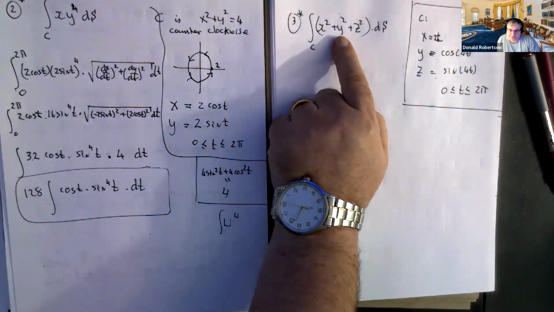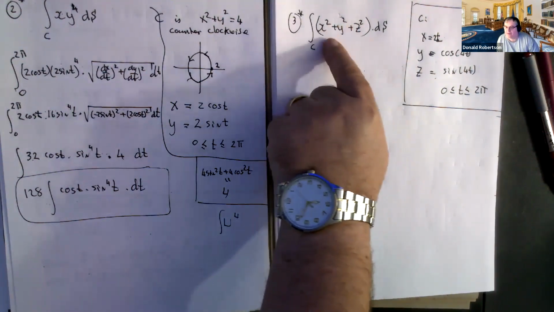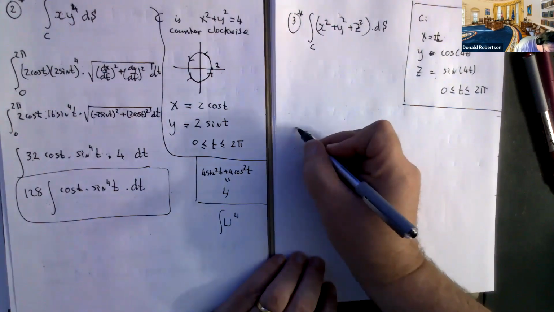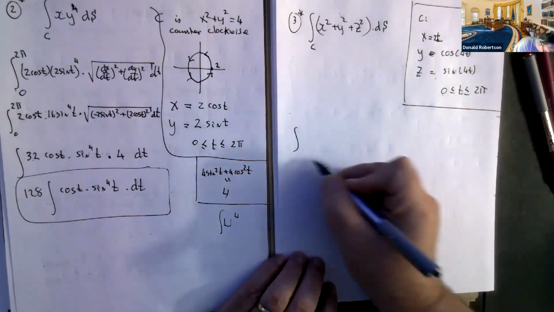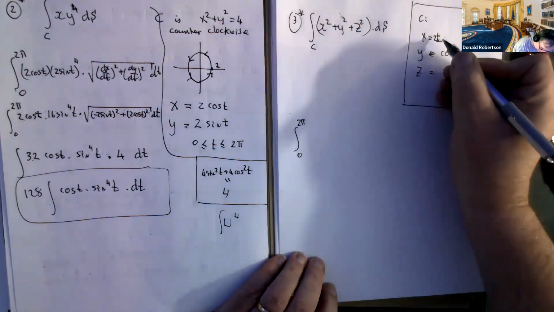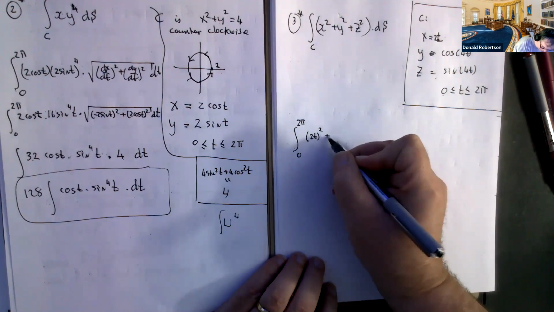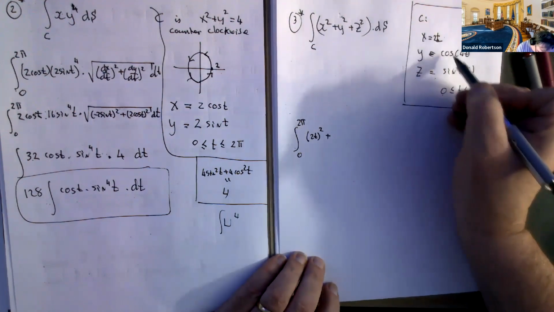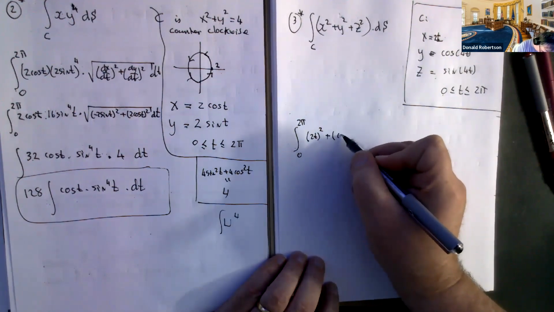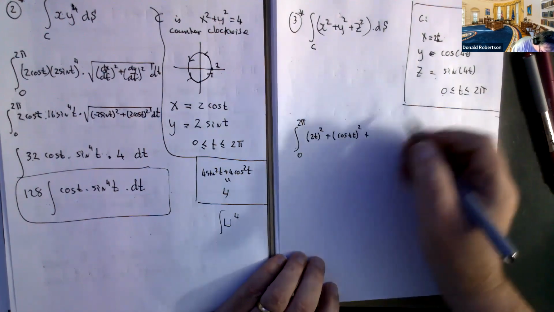Okay, now the difference between this guy and the ones we've been doing is, you notice this is now 3-dimensional, right? There are 3 variables. So we're going to go t equals 0 to 2 pi. X squared becomes this guy squared. Y squared becomes this guy squared. And z squared becomes this guy squared.